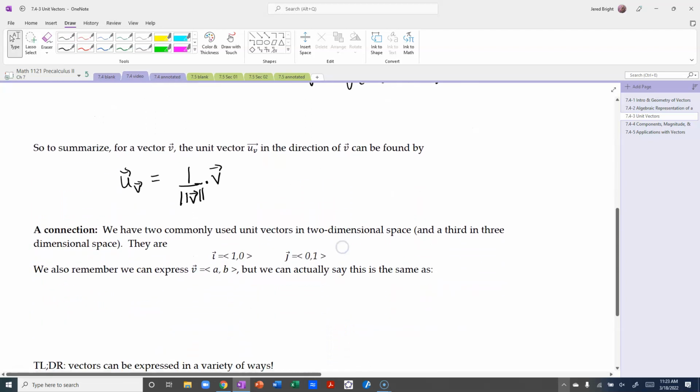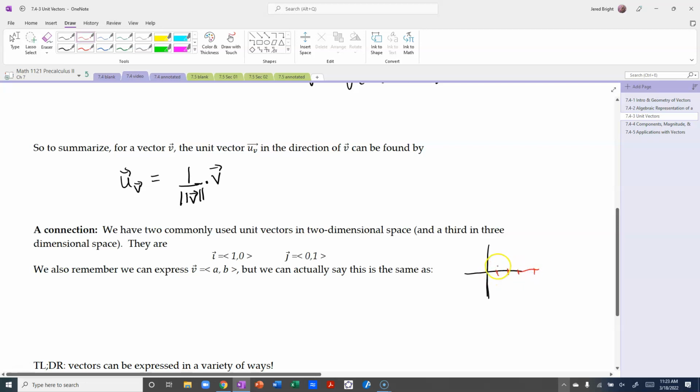However, we actually see two common unit vectors all the time, i and j. i tells us to go one unit in the x direction. If we think about a grid, when we work with a Cartesian coordinate system, we count by units along the horizontal axis.